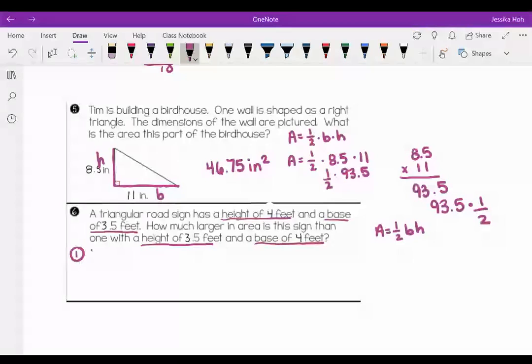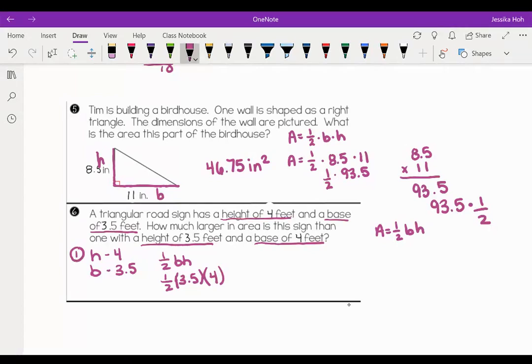is a height of 4 feet, a base of 3.5. So 1/2 base times height. I'm going to plug my numbers in. Base is 3.5 times 4. If the dots are getting confusing, you can just do parentheses, which is a lot easier sometimes to see, so you don't get the dots and the decimals confused.